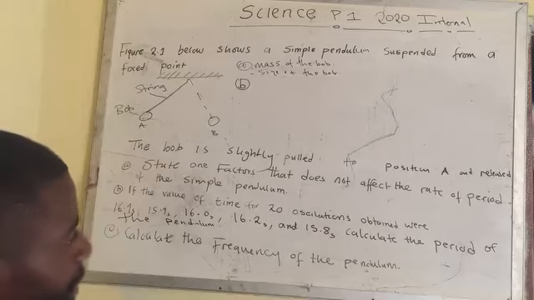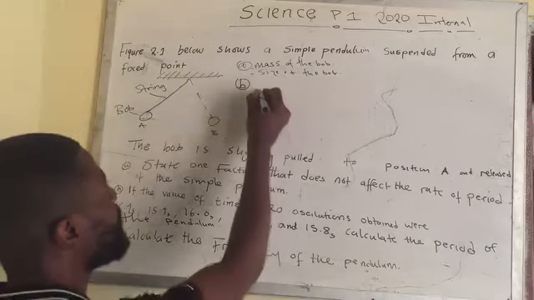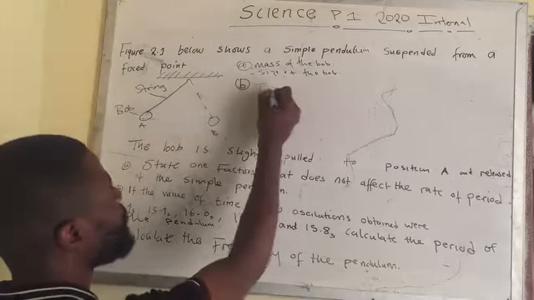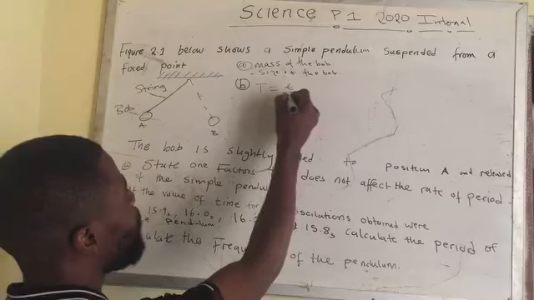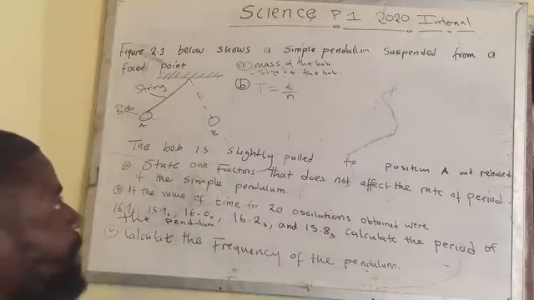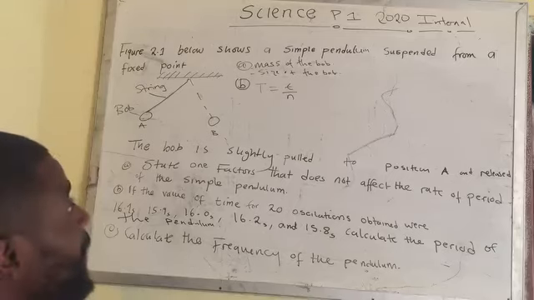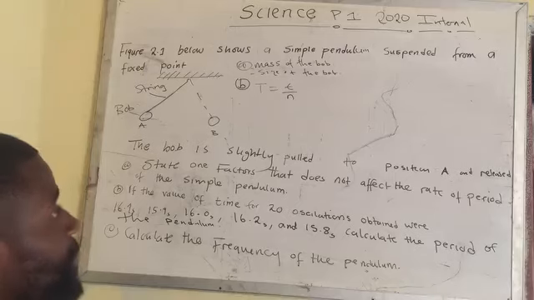Then they say calculate the period of the pendulum. To calculate the period of the pendulum, we say period equals small letter t over n. The capital letter T represents the period of the pendulum, the small letter t represents the time taken, and the n represents the number of complete oscillations.